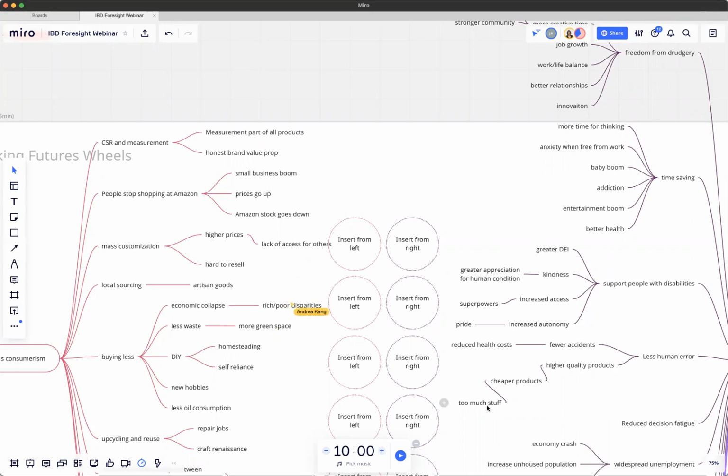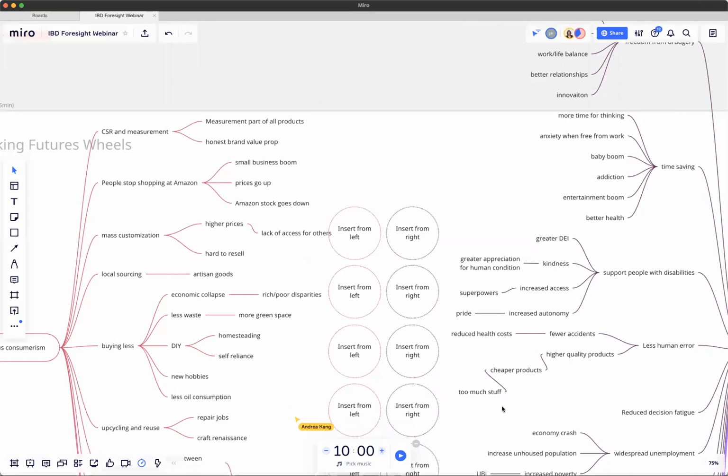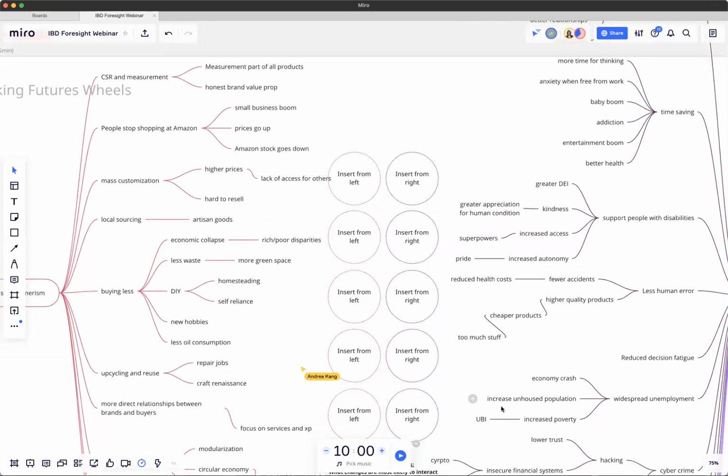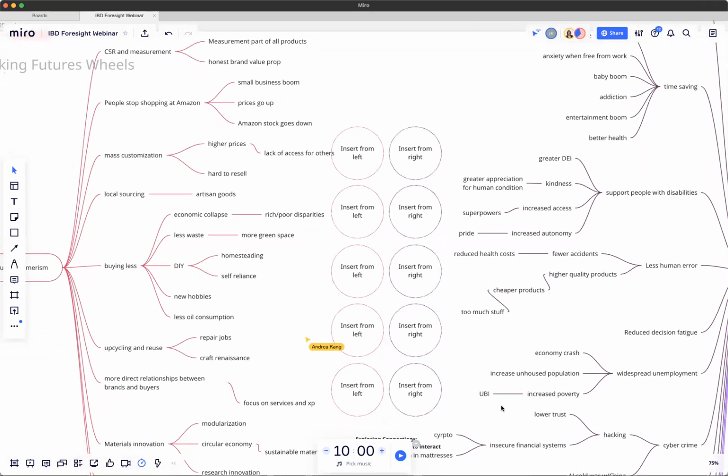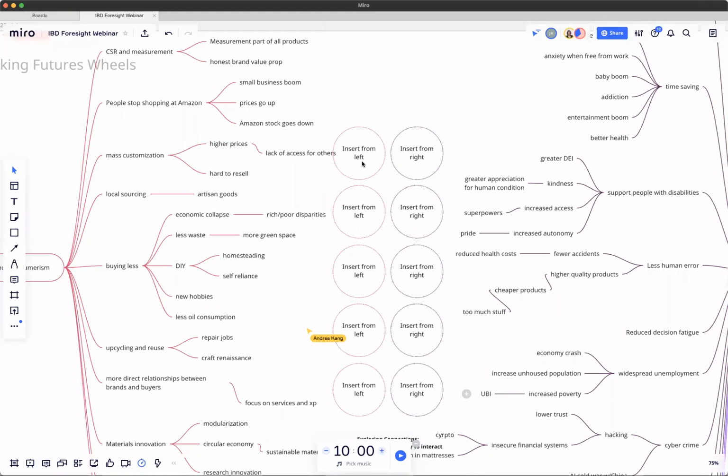We're looking for combinations where there's some kind of synergy or causal relationship between something on the left and something on the right. I'm going to have Andrea give us an example, and then in the chat you can start thinking through what some other examples might be.